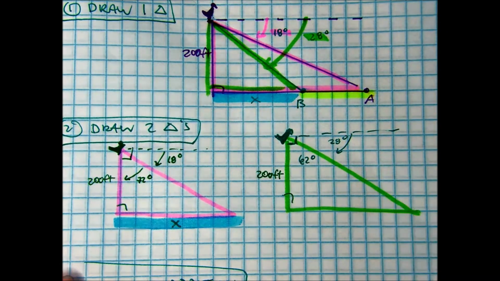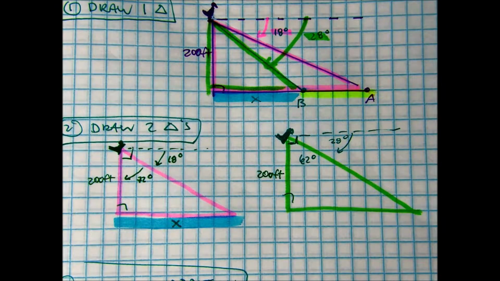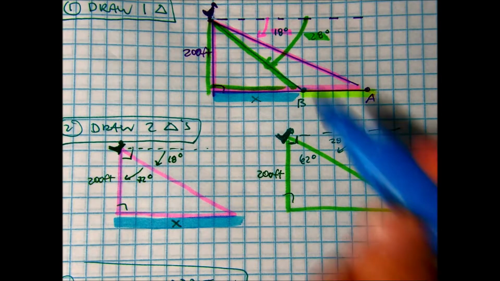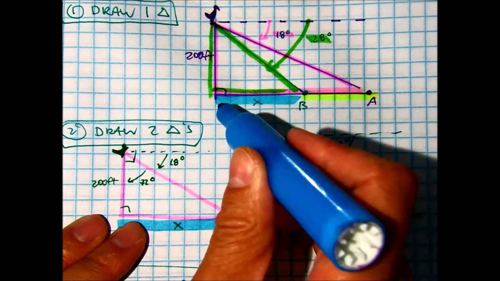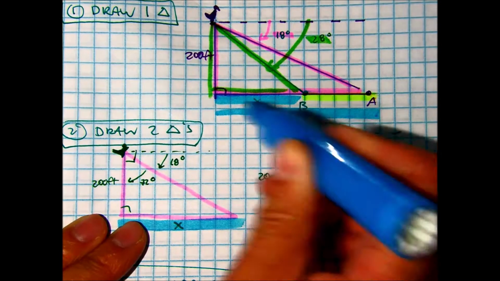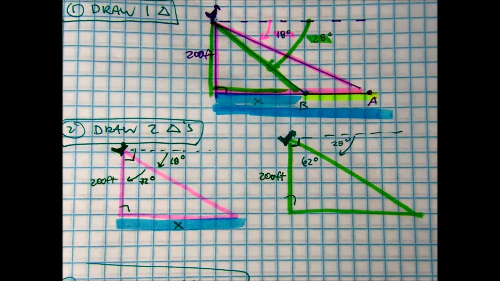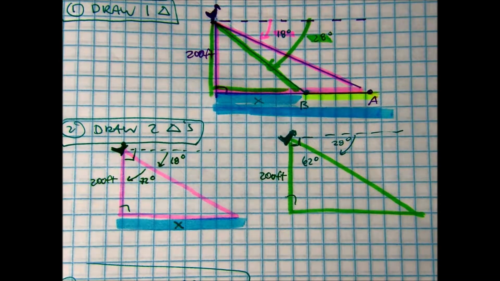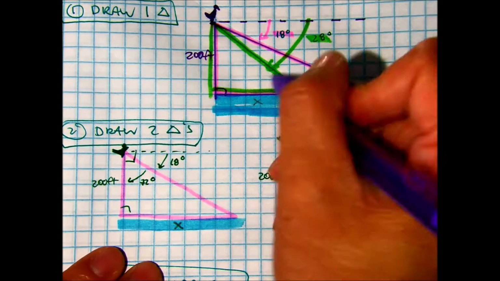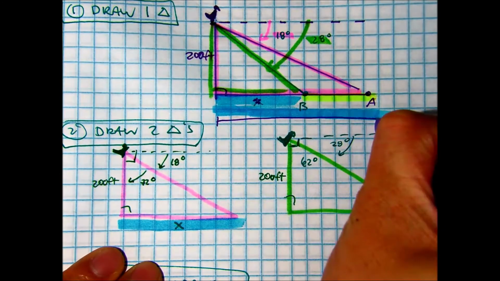Whoops. Sorry, redefine. The blue goes all the way across, so let's note that. All the way across. And I call that x. Alright, this whole blue length is x.